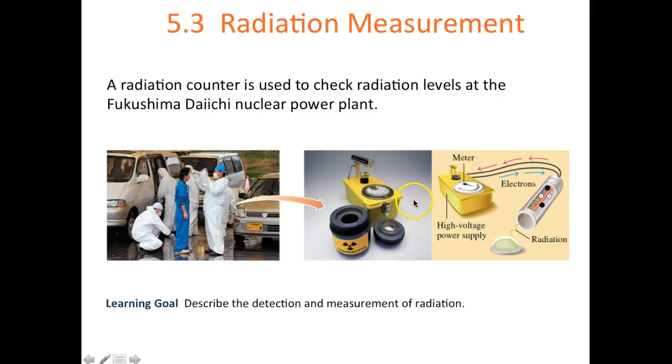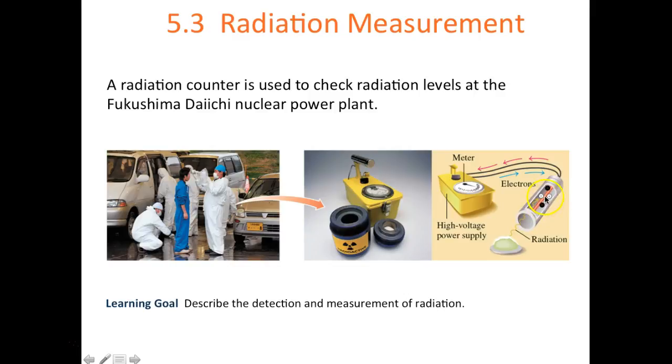Now, a Geiger counter is an instrument which has some kind of unreactive gas in there, like argon, a noble gas, and the surrounding radiation will react with this gas and ionize it.